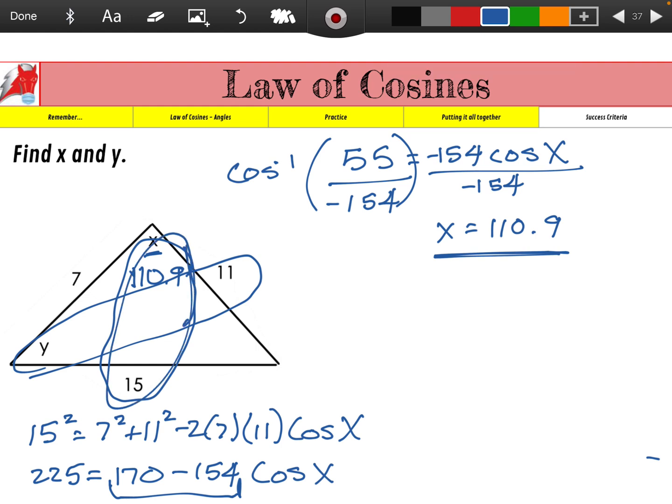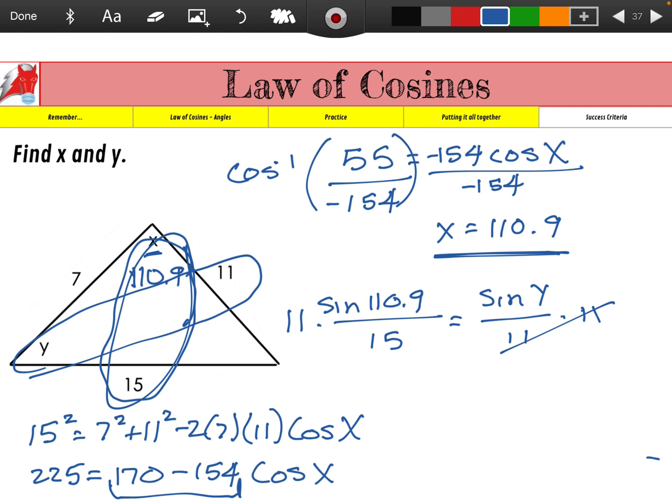So now I got sine 9, that's 15, equal to sine, I don't know, over 11. Cross multiply, I'm going to do sine inverse times 11.